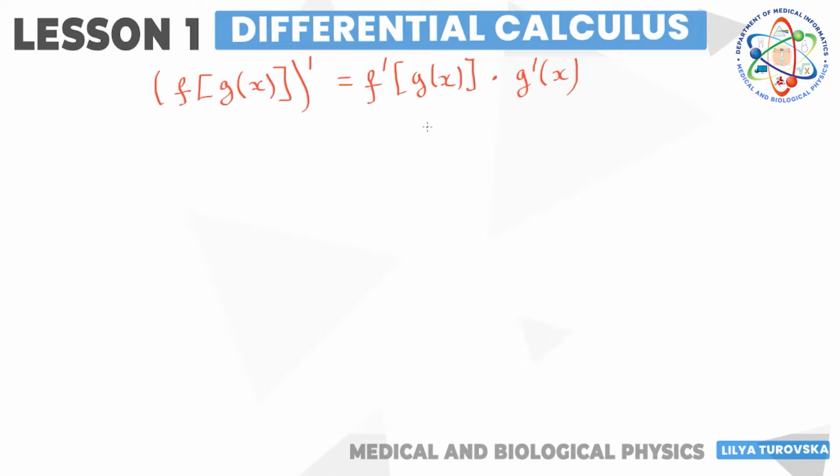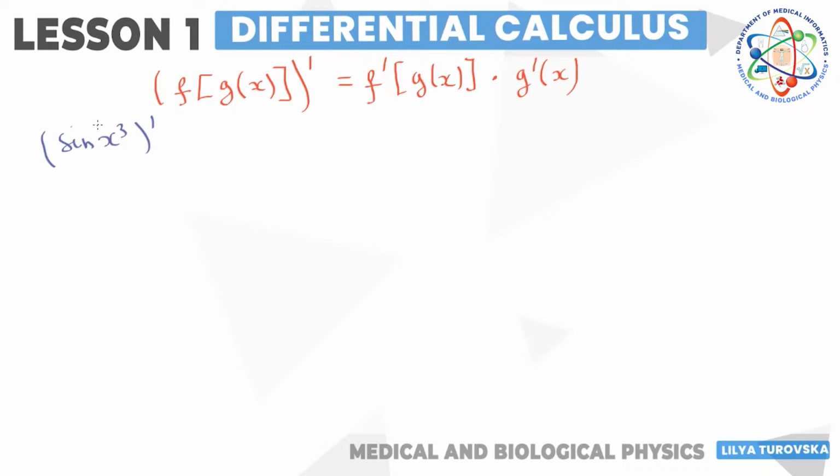Let's cover some examples. The first is a very simple example. We have the function sine x cubed. Here you see that it's not a simple function, because a simple function is sine x or x cubed, but this is a composite function.